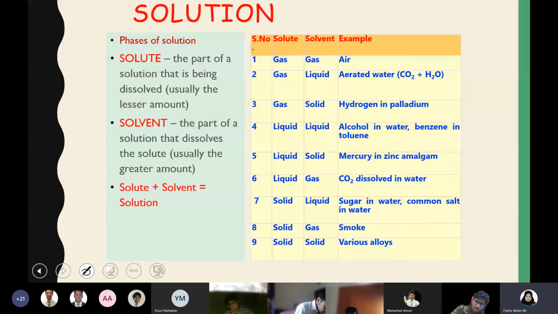Okay, give me one example. You know about toothpaste, right? Which category among these is toothpaste? Ma'am, is it solid and liquid or liquid and solid? Which one? What do you think will be more in quantity? Liquid, I guess. So it will be in the solid and liquid category, right? And it is homogeneously mixed.